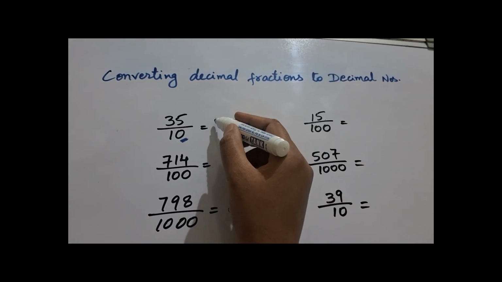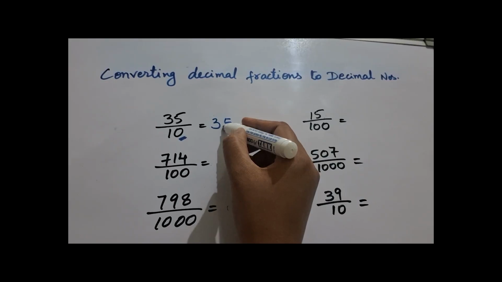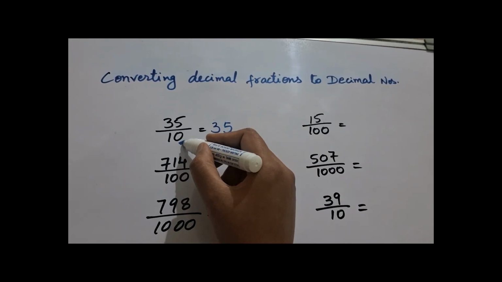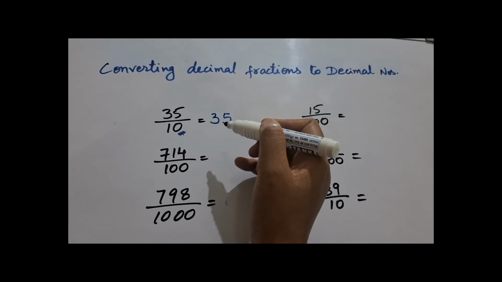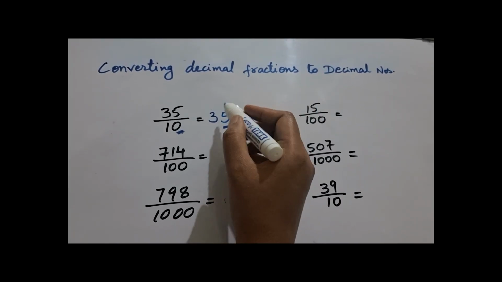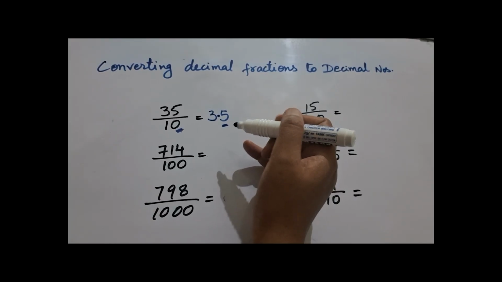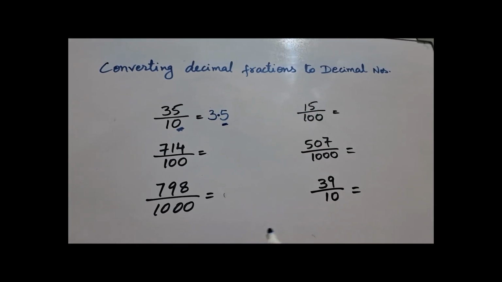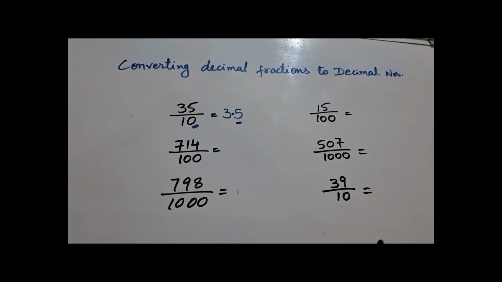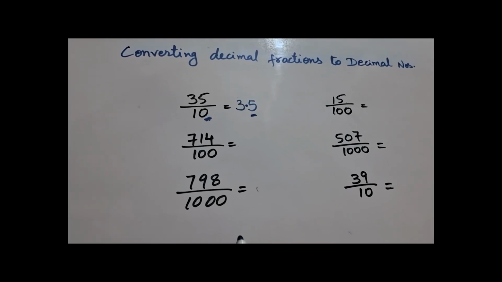That means first you write the numerator as it is, and then, for however many zeros are there in the denominator, you leave that many digits from the right side of this number and then put the decimal point. Okay, children, this is a trick for writing the decimal numbers for the decimal fractions.